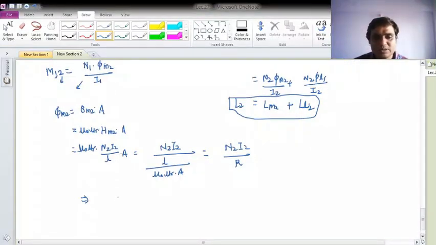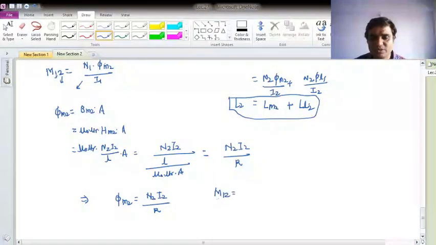So with this, this much magnitude, that is phi m2, the flux linkage is N2 into I2 over our reluctance. Okay, now let us put in our M12, which is the mutual inductance of coil 1 due to the flow of current in coil 2.